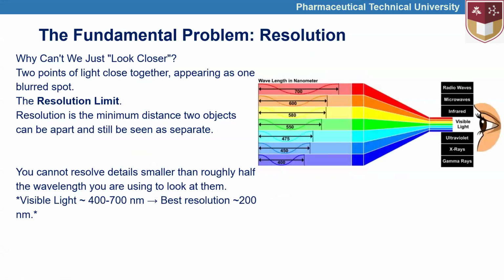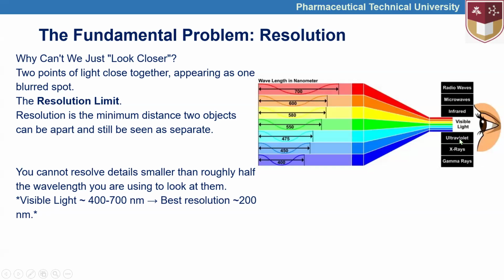Okay. The fundamental problem of microscopy comes from the resolution. You know that our eye can see a very short range of the electromagnetic waves, ranging from 400 to 700 nanometers, from violet to red colored electromagnetic waves.